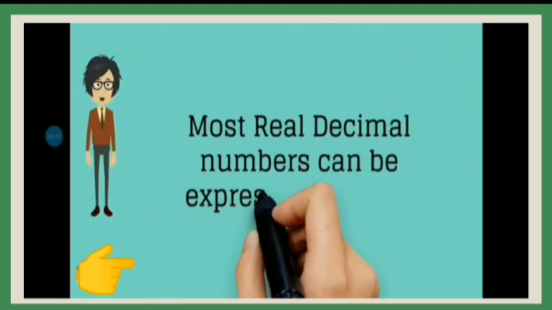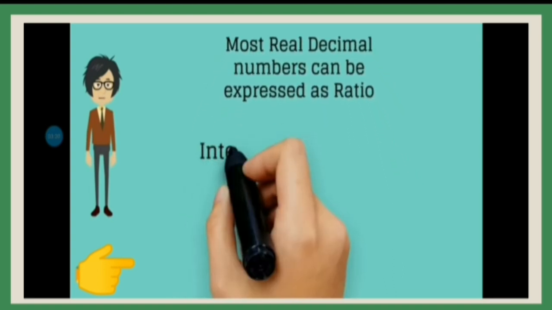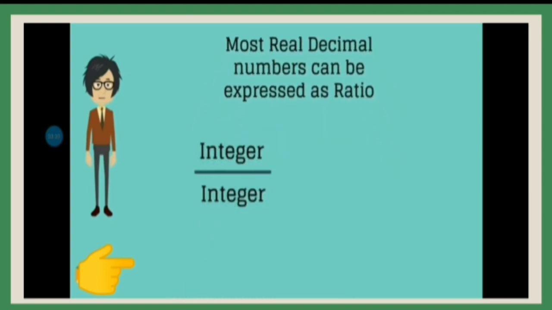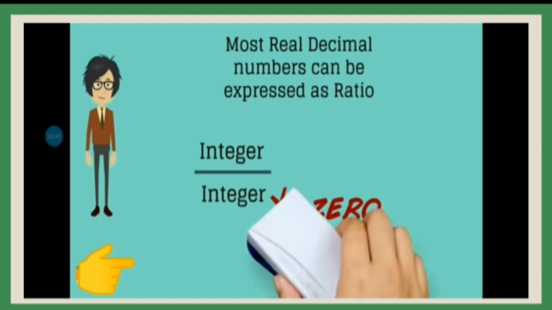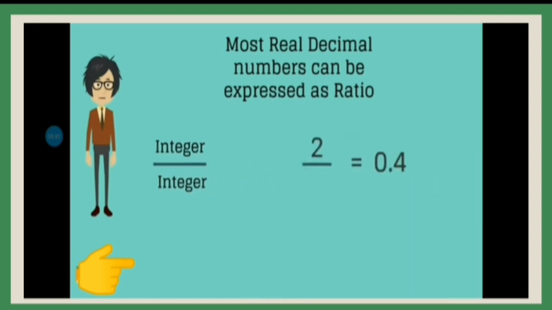Now most of the real decimal numbers can be expressed in form of a ratio. What I mean by this is that the number can be written as a ratio of two integers. Of course, the denominator cannot be 0. For example, 0.4 can be written as the ratio 2 upon 5. -0.375 is -3 upon 8.